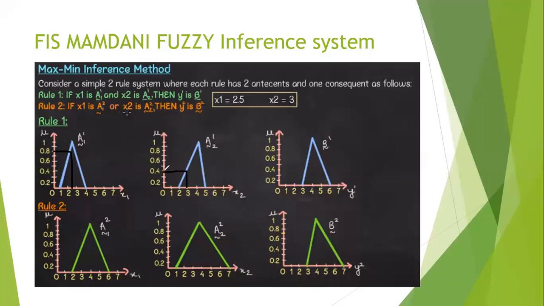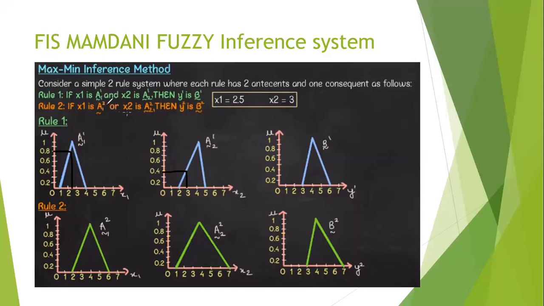Here you are given triangular membership functions. All the membership functions are triangular. So what are the values corresponding to each x1 and x2?